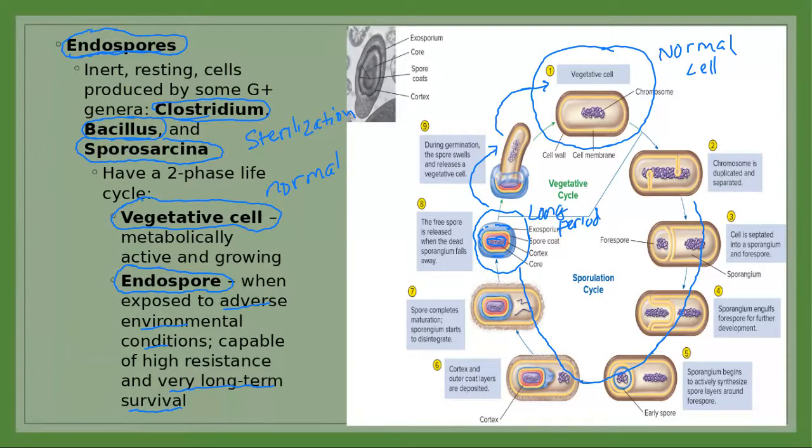So it needs special methods called sterilization. An example of sterilization is using an autoclave. In many labs, clinics or hospitals, they will have an autoclave in order to sterilize their equipment. This process will, of course, kill the vegetative cell and also destroy the endospores.